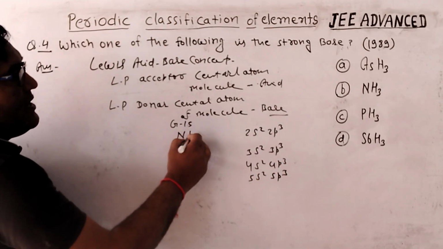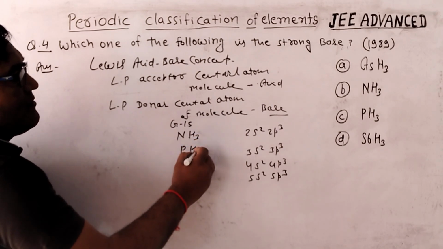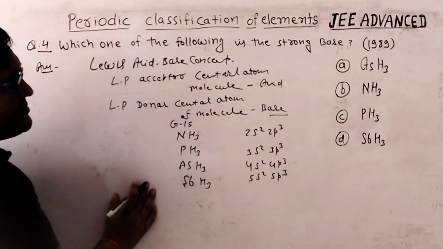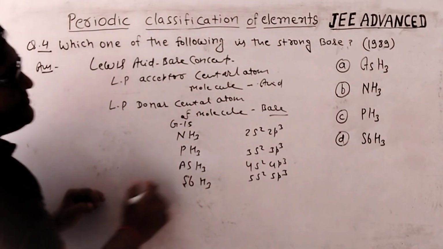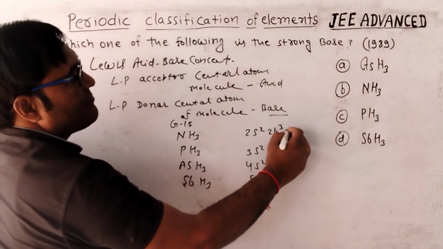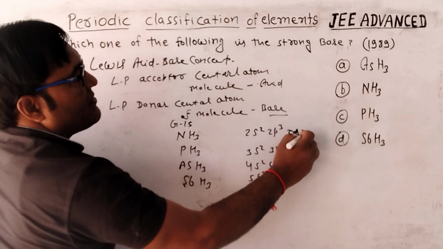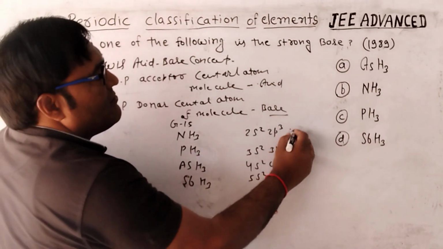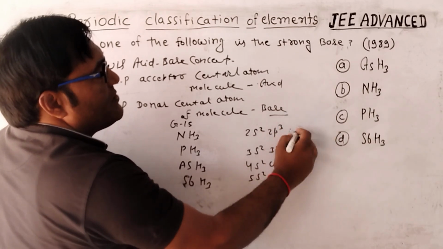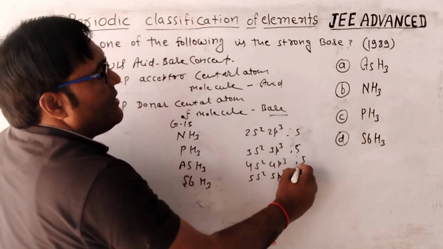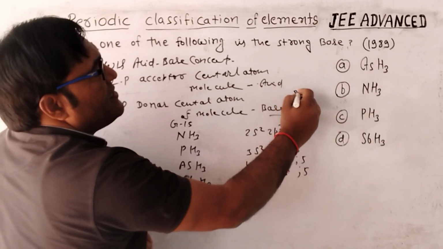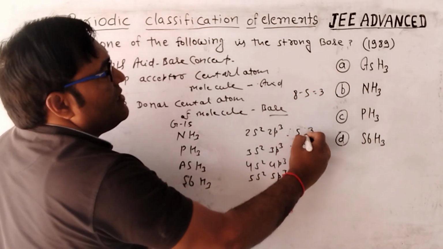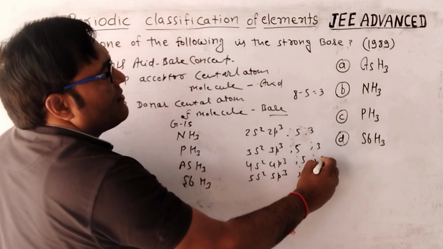In the case of their hydrides, ammonia, phosphine, and in the case of nitrogen, d orbitals are not present. So all are p block elements, and valence electrons are 5, 5, 5 and 5. Now valency is 8 minus 5, equal to 3, so in ground state valency is 3.